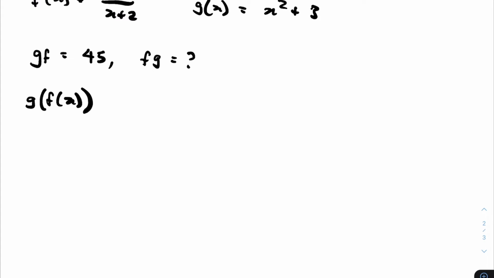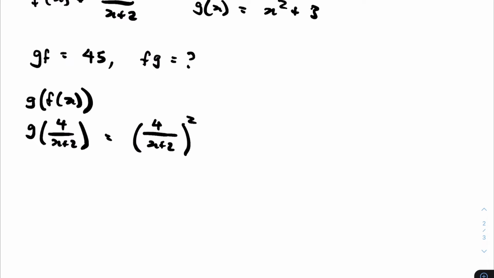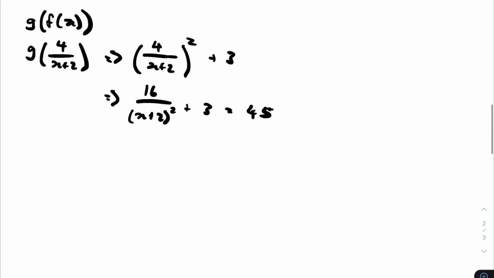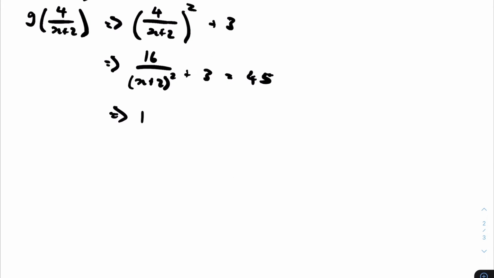Since f of x is 4 over x plus 2, it would be g of 4 over x plus 2, which would equal (4 over x plus 2) squared plus 3, which is equal to 16 over (x plus 2) squared plus 3. And we're going to equate that to 45, since that's what we're given g of f is. So 16 over (x plus 2) squared is equal to 42.